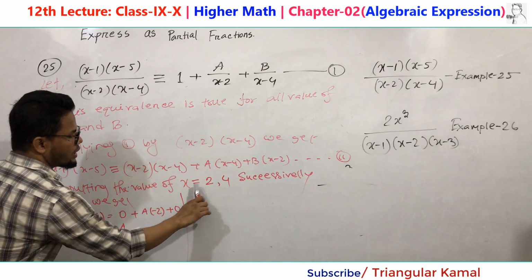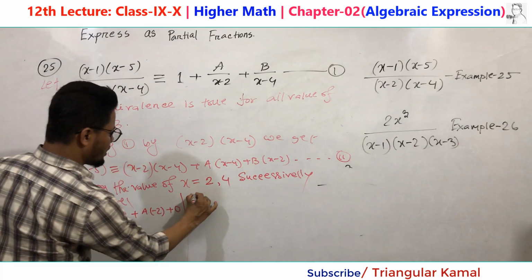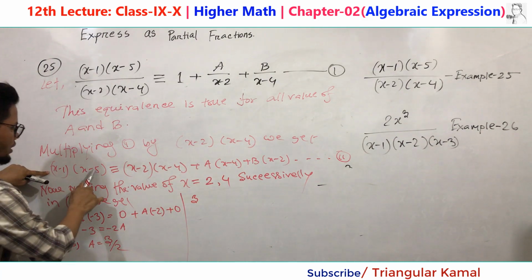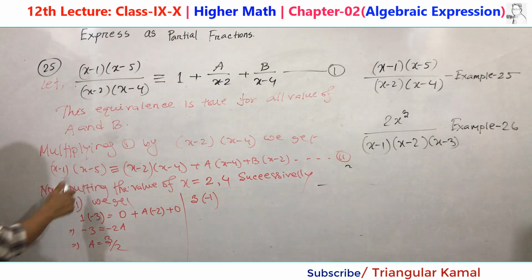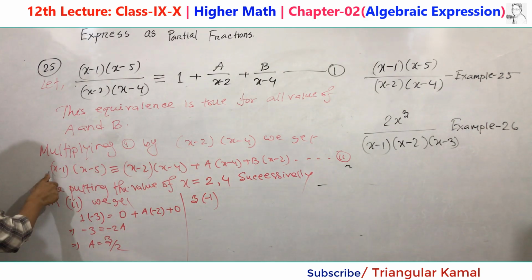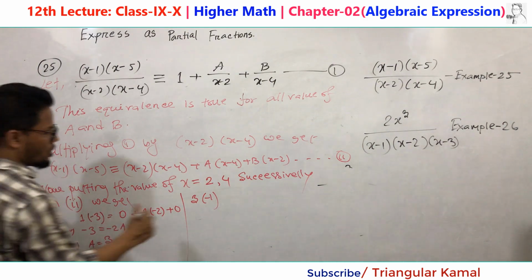Again now apply x equal to 4 in number 2. This one will be 3 and there will be minus 1, because 4 minus 1 equals 3, and then 4 minus 5 equals minus 1.